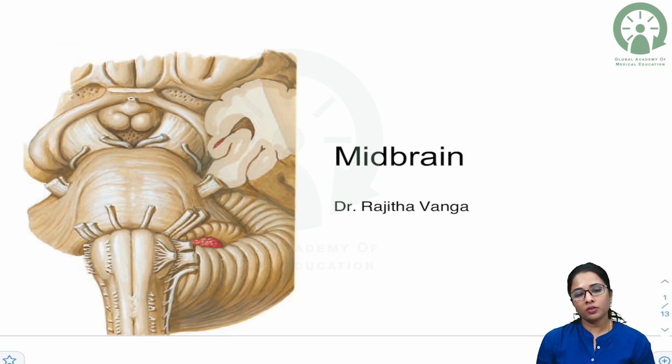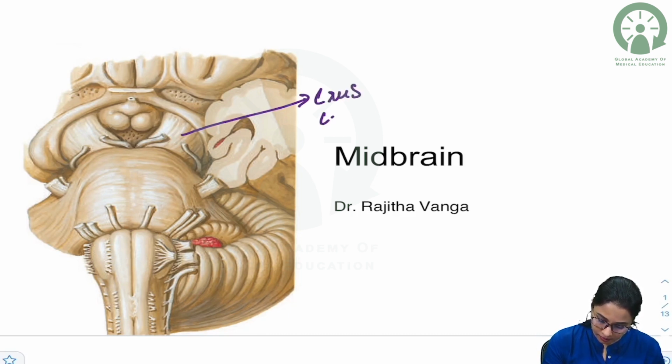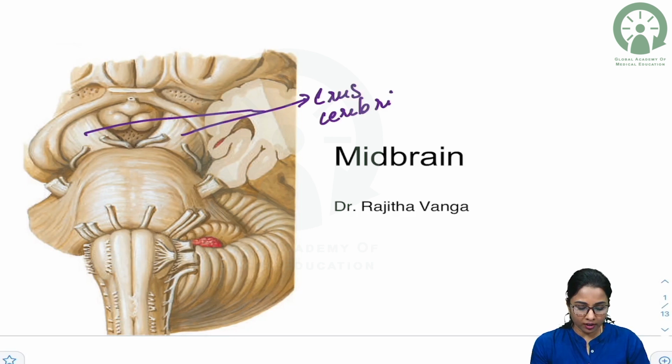The only part of the midbrain which is seen on the ventral aspect of the brain is the crus cerebri. You can see the right and left crus cerebri, singularly called the crura cerebri.